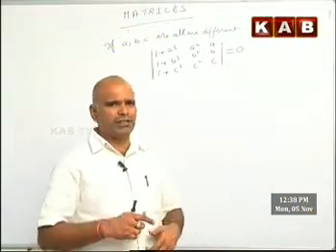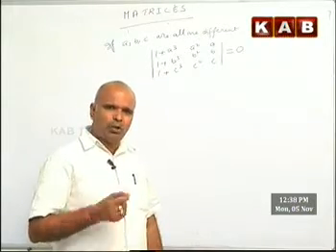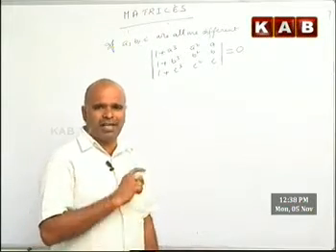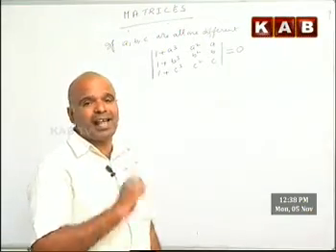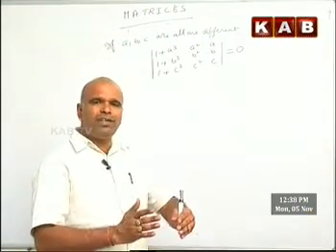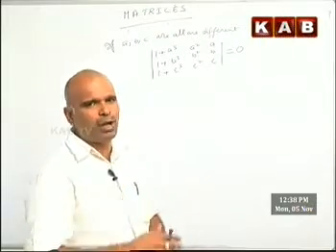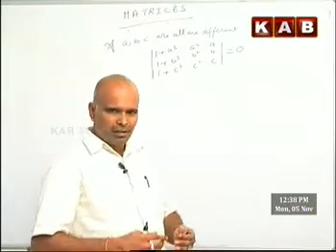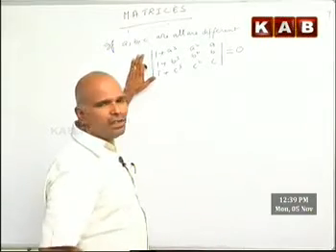Once again repeating the property: in a determinant, either a row or column can be written as a sum of two elements, then the determinant can be written as the sum of two same-ordered determinants. Now I am going to apply that property.